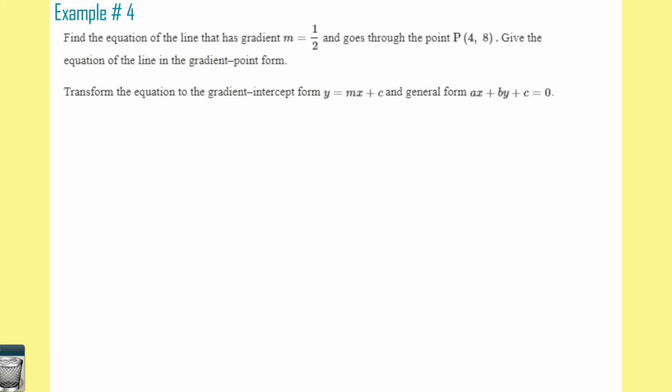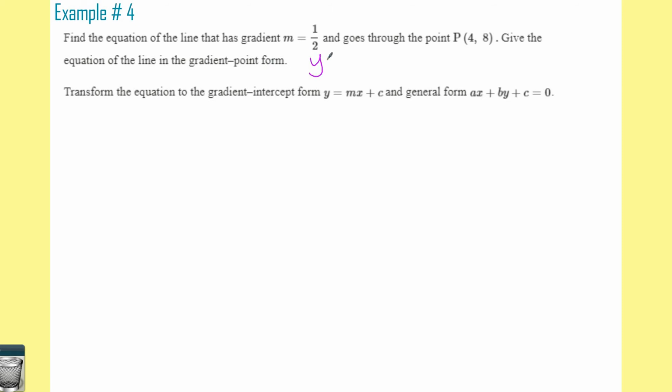Okay, so here we're going to find the equation given a slope and a point, and give the equation in gradient point form. This is just practicing going from one form to the other. The most common equation you're ever going to use is point slope form, or gradient point form, because most of the time you're given enough information for that.